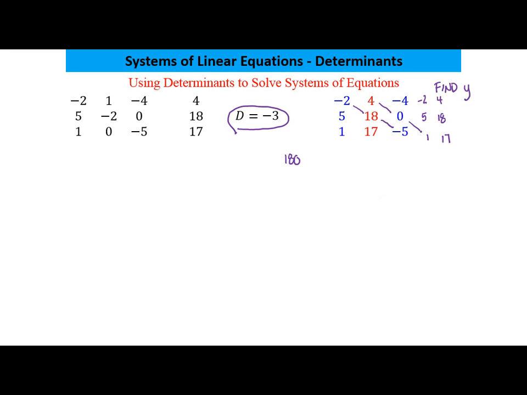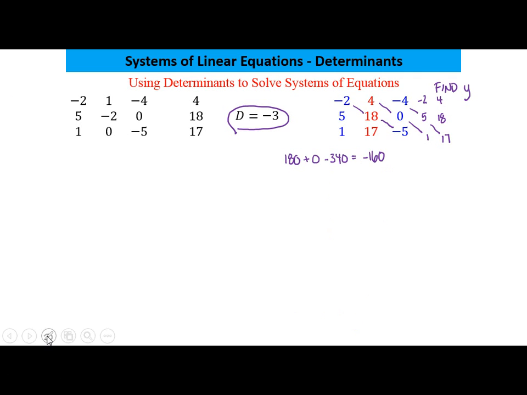Our second number is very easy. Keep multiplying going down to find the third number. And this time we have negative 340. I'm going to go ahead and get my answer to this before I keep going on. Negative 160.